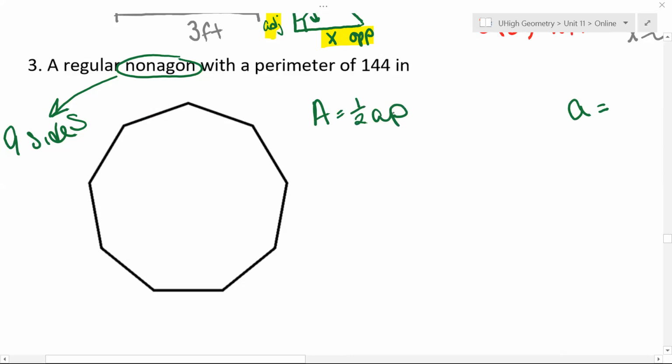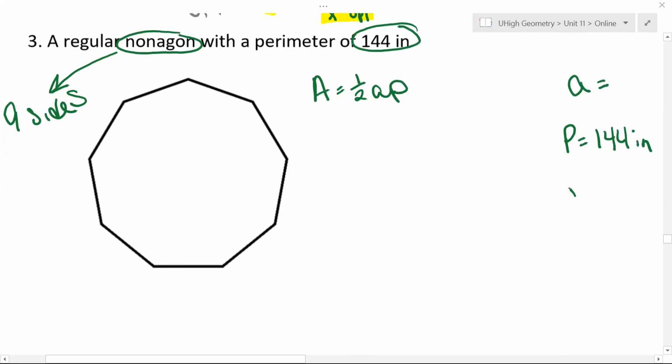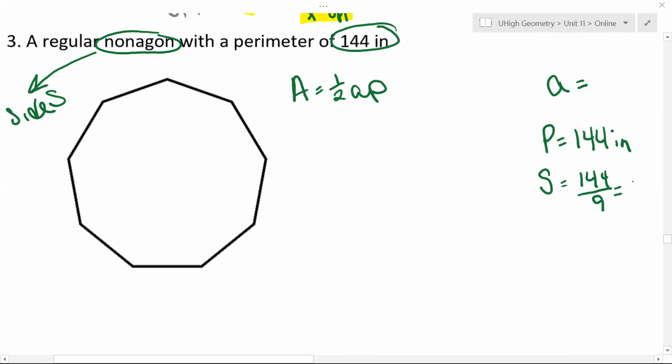So the perimeter equals 144 inches, then one side is going to be 144 divided by my number of sides. So one side length is going to be 16 inches. So I'm going to go ahead and label that in my picture.